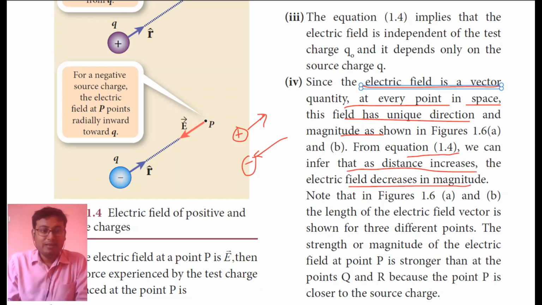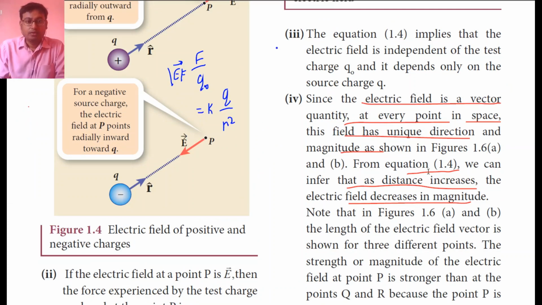So from this sentence, we can say that the magnitude of electric field E is equal to F by Q naught, that is equal to K into Q by R square, where Q is the amount of charge on the source particle and R is the distance from test charge to source charge.